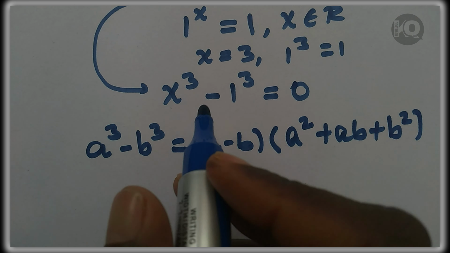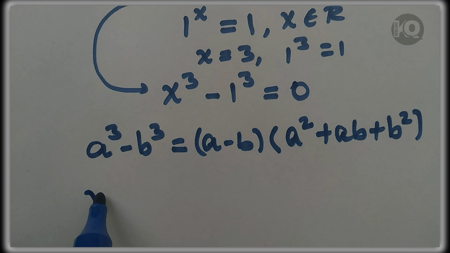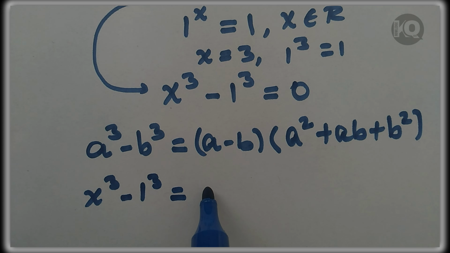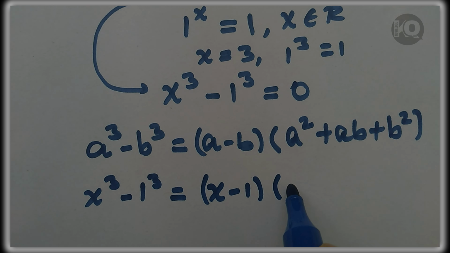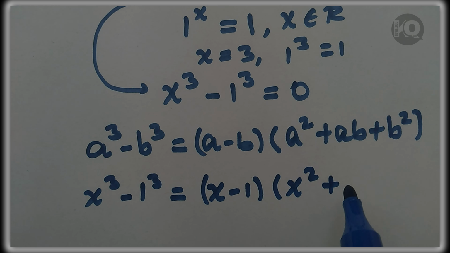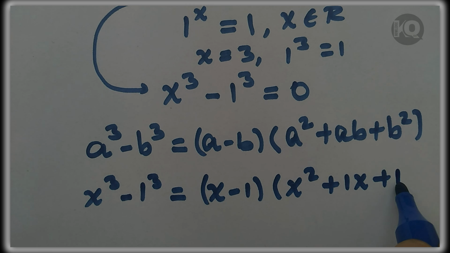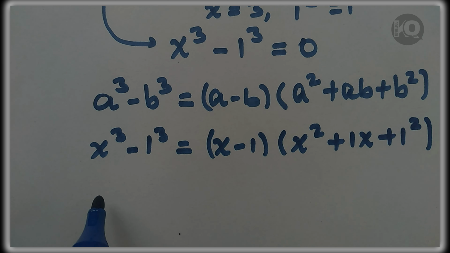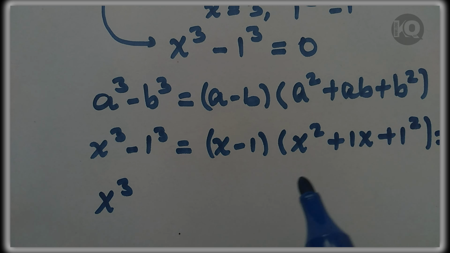So this will be x cubed minus 1 cubed, which is equal to x minus 1 times x squared plus 1x plus 1 squared. So x cubed minus 1 cubed is equal to 0 here.